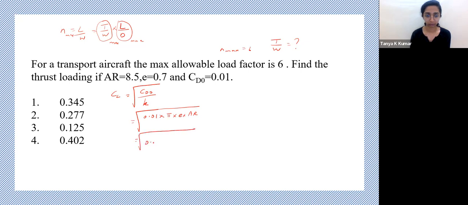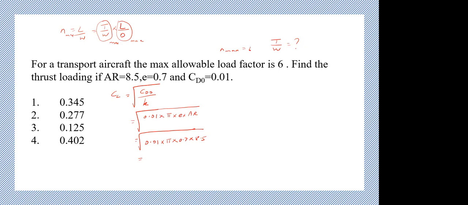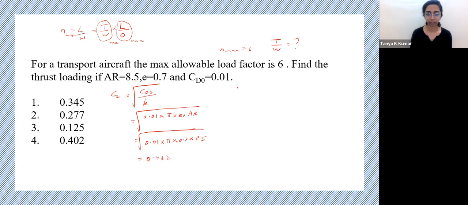It will be 0.01 into 5 into 0.7 into AR is 8.5. How much is this value? 0.432. Now we were supposed to find out CL by CD.